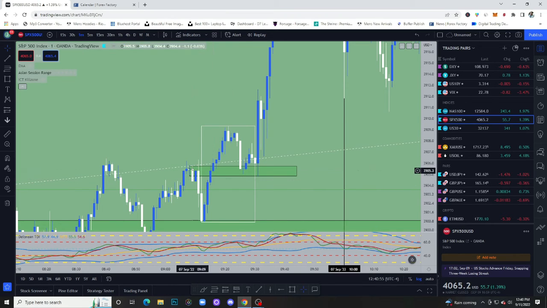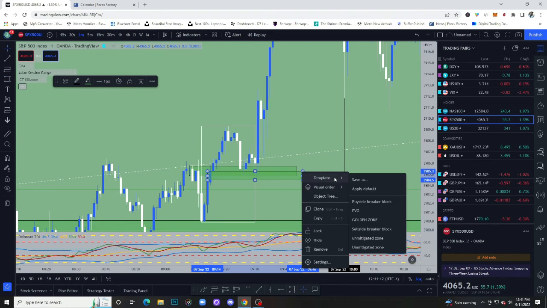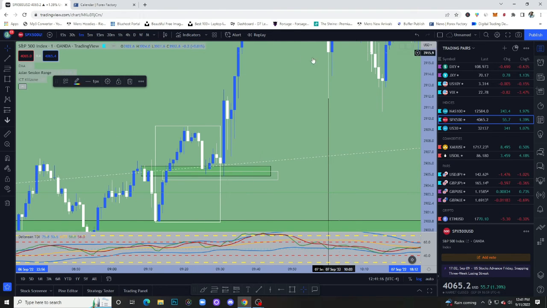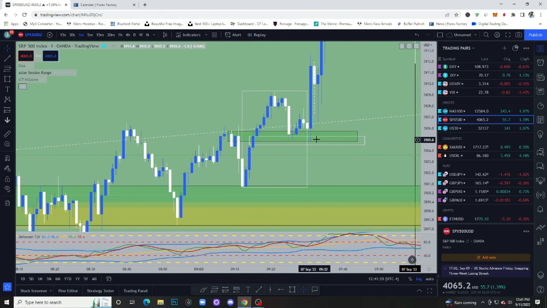But not only is this a buy side breaker block, there's also a fair value gap right here. And honestly, in a lot of the fair value gaps, you'll see the breaker blocks. So as you can see, there's a fair value gap right here, also paired with a buy side breaker block.